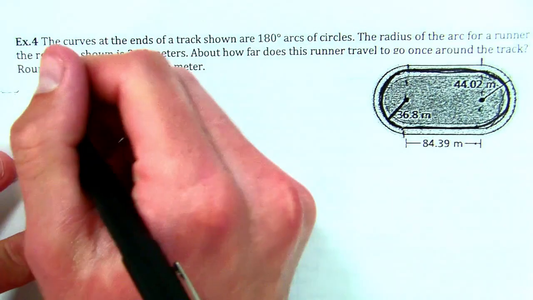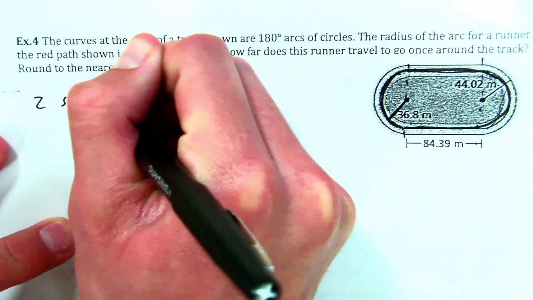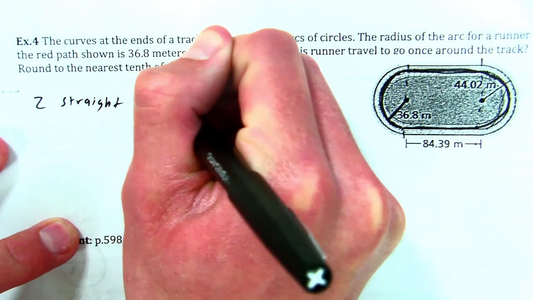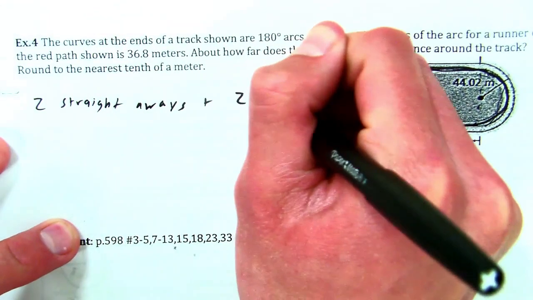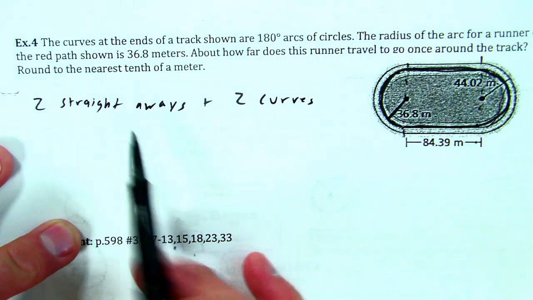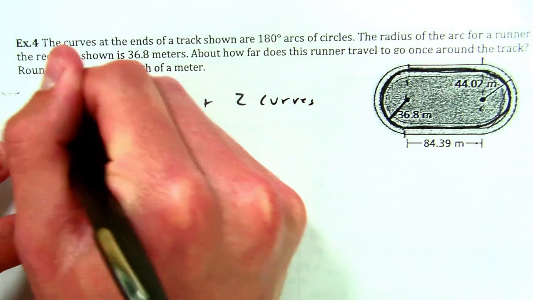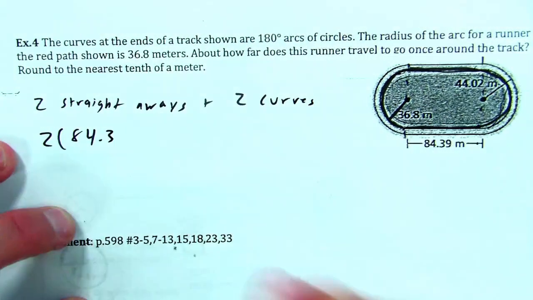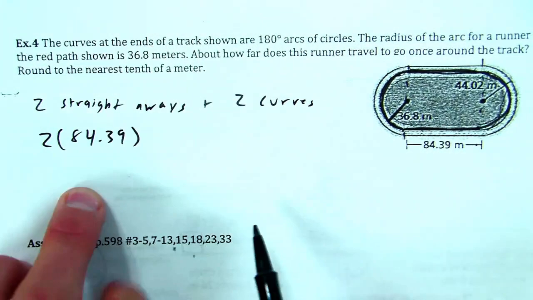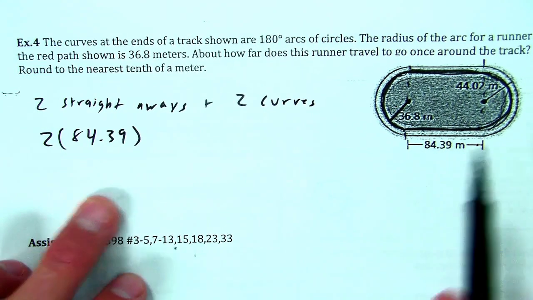So for the straightaways, you have two straightaways plus the two curves. For the two straightaways, it's just this distance and this distance again. So you're going 2 84.39 meter stretches, right? That just gives you this distance right here. So the straightaways is that distance.